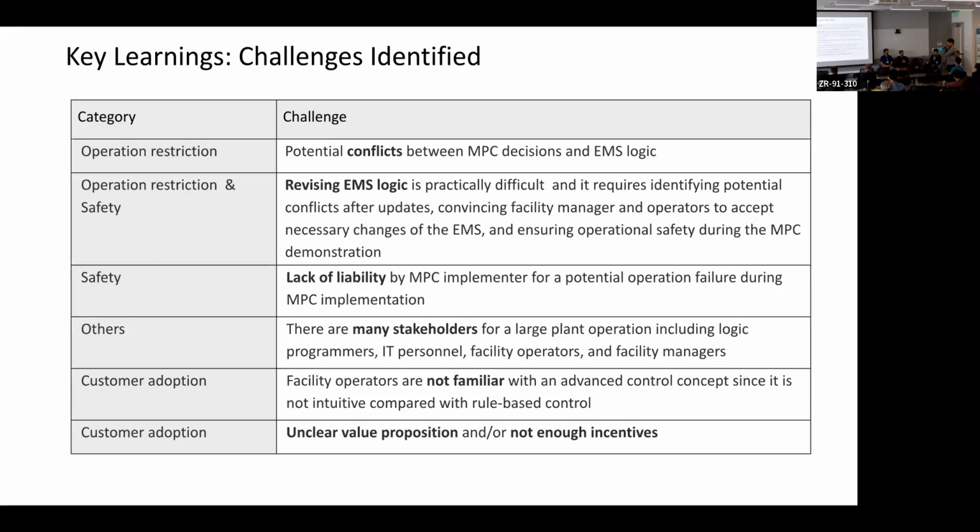Those are really challenging parts, and I spent a lot of time convincing them. But we don't have the perfect solution yet, no clear idea, other than iterating and continuing to monitor what's going on during the MPC implementation.